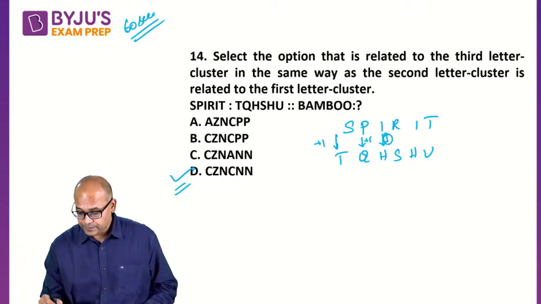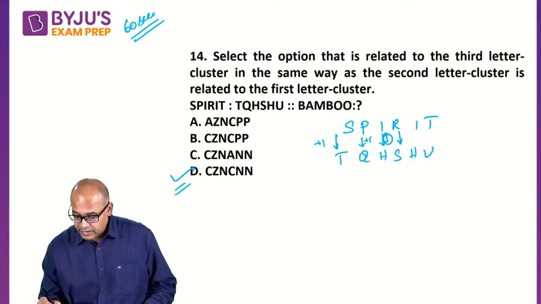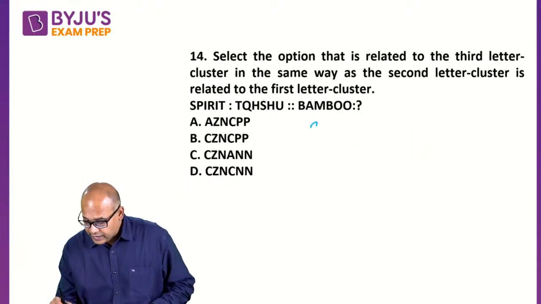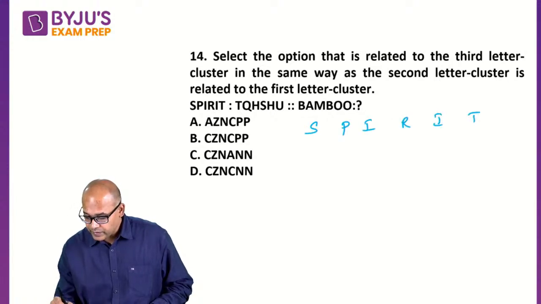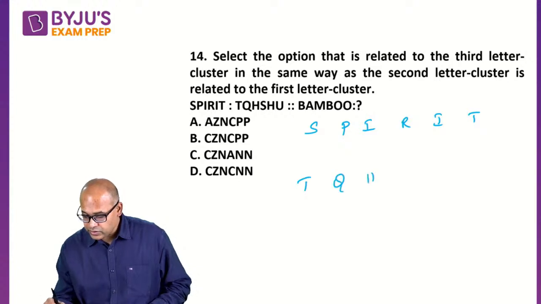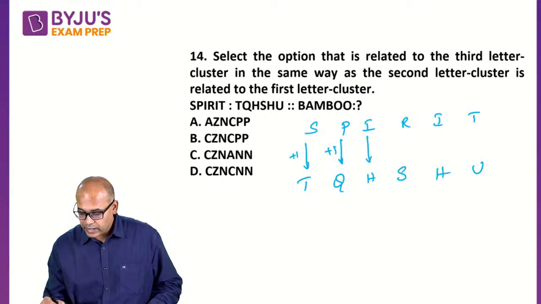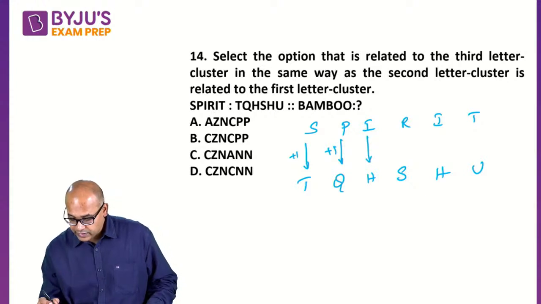Then you're getting H. Then R, and then S plus 1. So let me rewrite this clearly. SPIRIT, TQHSHU. So S plus 1 is T, P plus 1 is Q, I, H, this is minus 1, this is reverse.